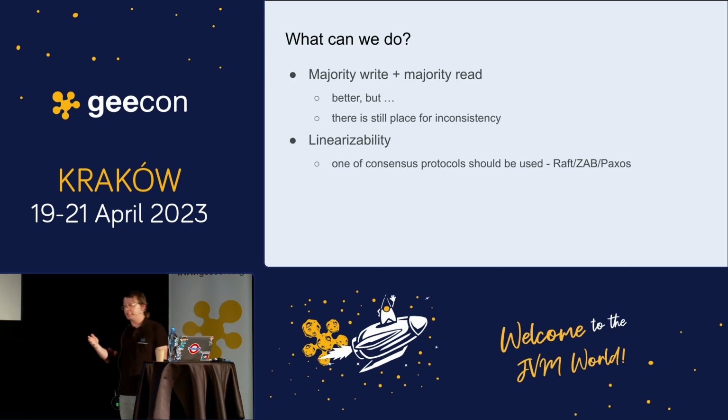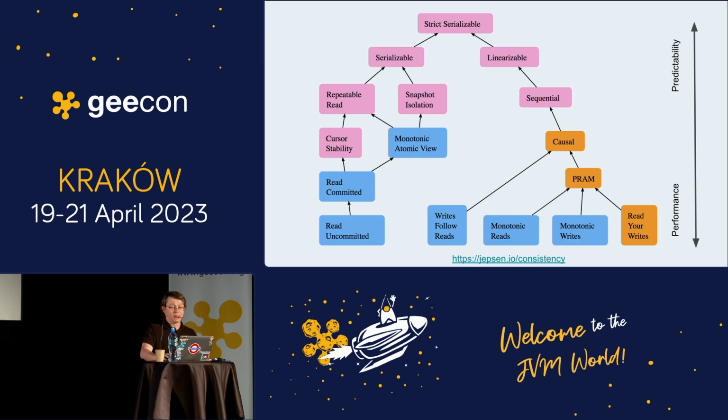To implement this, you should implement one of the consensus protocols like Raft, Zab, Paxos. And if you use data structures that support such a consensus protocol, you should be safe during not all kinds, but the majority of failures.